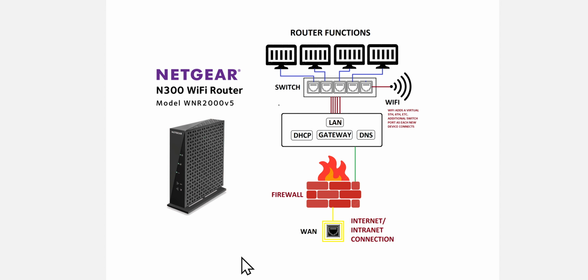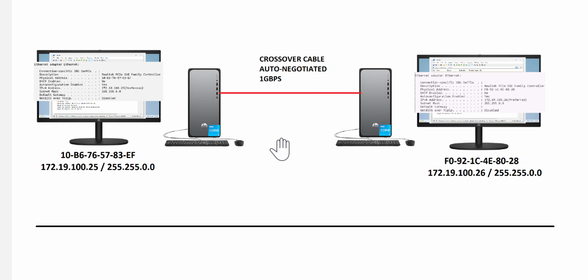I wanted to go back and quickly refresh on the connections part of this, and remind people about the IP addresses and how they work with the MAC addresses. The first network we looked at was the crossover cable, and if you use a crossover cable with auto negotiation, you'll get the full 1 gigabit per second connection between the two.